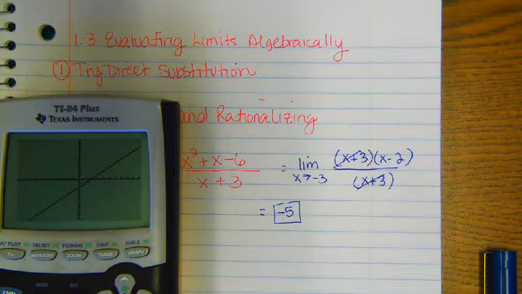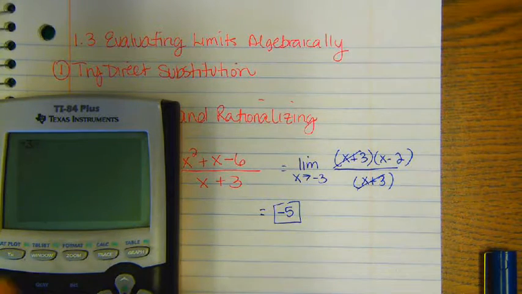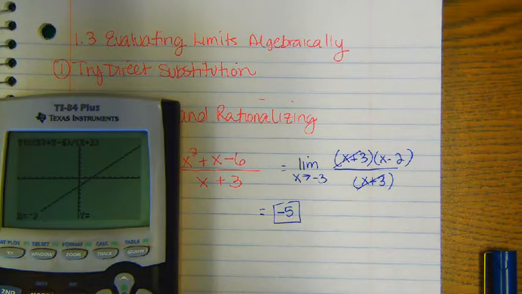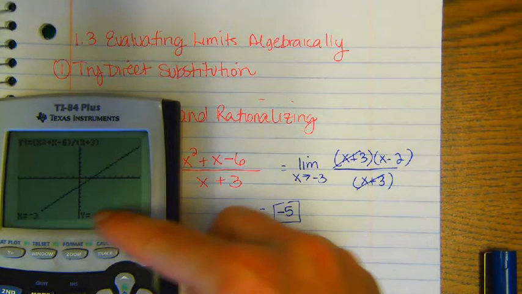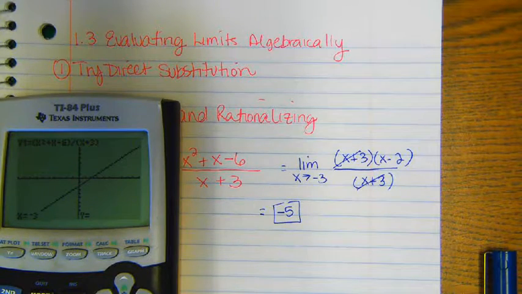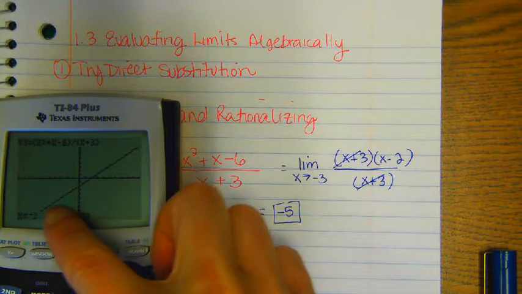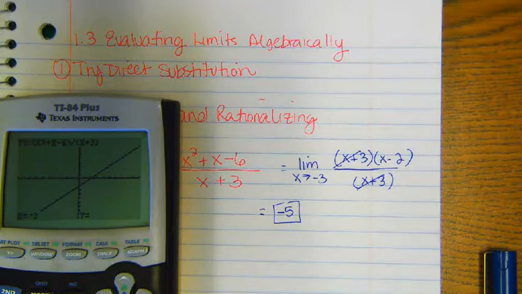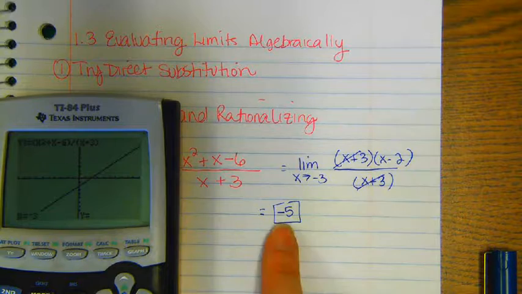But if I would type in -3, do you see how it is undefined? Okay, and if I would zoom in, there would just be nothing there on the graph. And so it's a little hole. Do you see from the left and the right, though, that the function is going towards the same value, and that value is -5? Okay. All right.